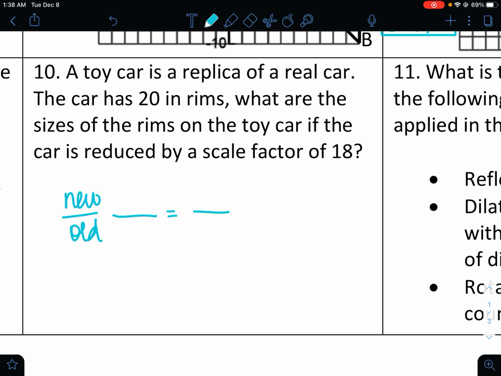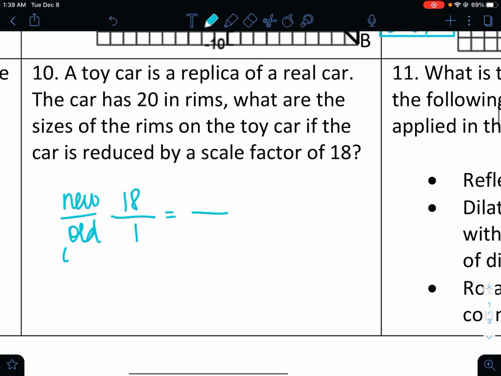And the scale factor is 18, and it says it's being reduced. Or you could say that the toy would be the old, and then the real would be the new. We could just do that to make it easier. So the real is 18 times bigger than the toy.